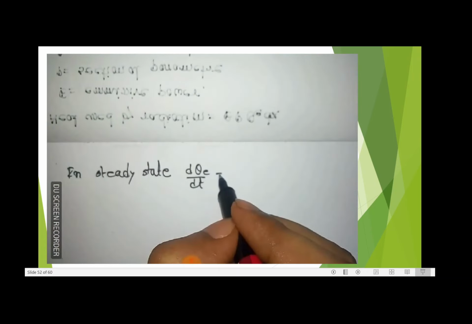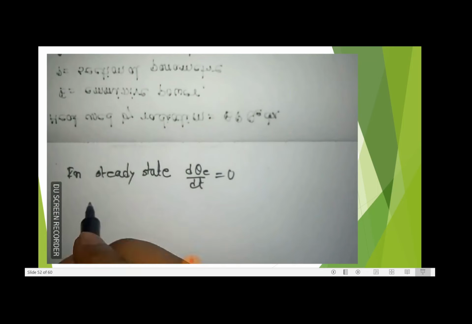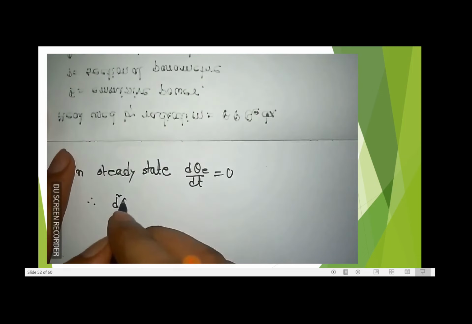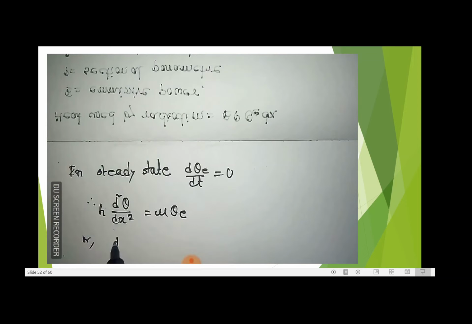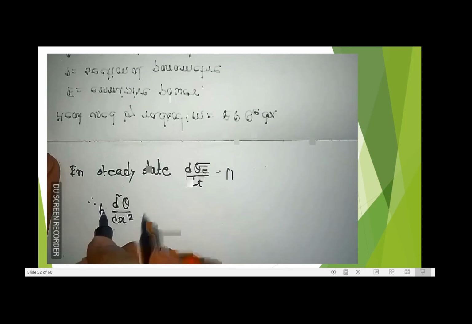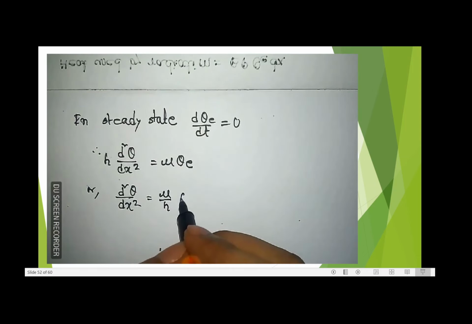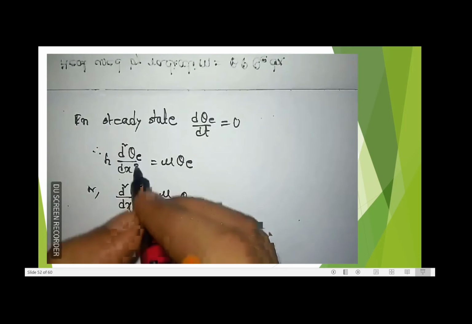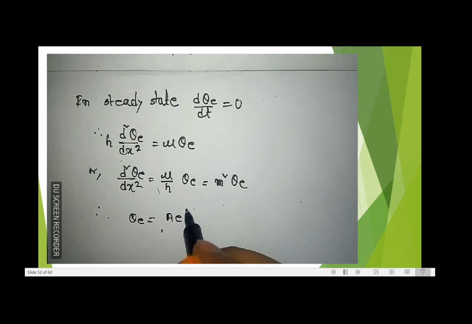In the steady state condition, meaning when all the transfer of heat has stopped and it comes to a steady state, d theta/dt equals 0. Putting d theta/dt equal to 0 in equation number 1, we get h d2 theta e/dx2 equal to mu theta e, or d2 theta e/dx2 equal to mu by h theta e, and we assume that mu by h equals m square to make it easy to get the solution, and theta is obviously A e to the power mx plus B e to the power minus mx.